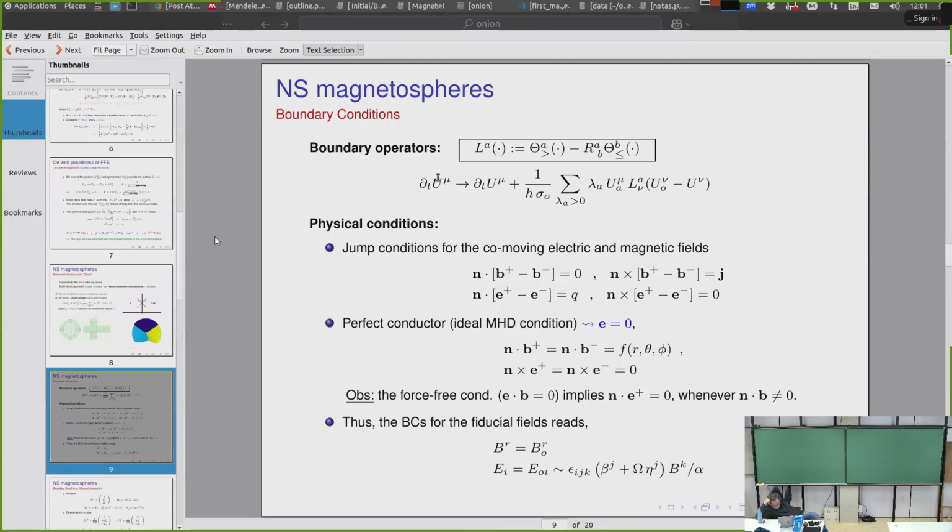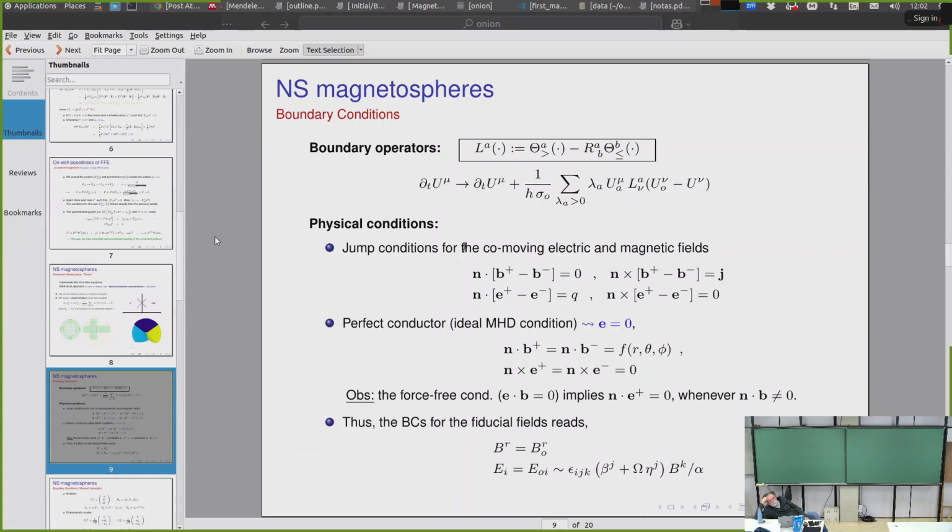But in this case it is very delicate, because close to the star is where most of the dynamics is happening. The fields are more intense there and the dynamics is stronger. So really, you need to treat this appropriately to represent this boundary.